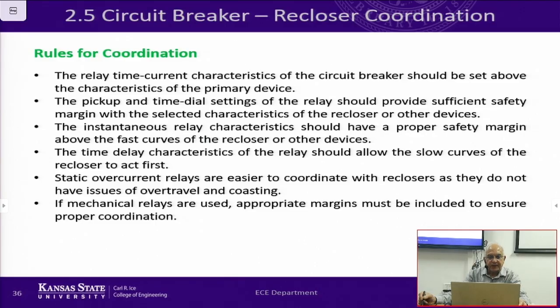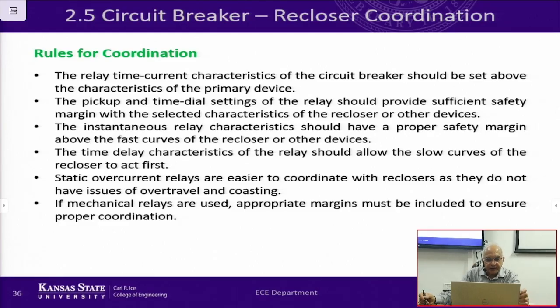The pickup and time dial setting of the relay should provide sufficient safety margin with the selected characteristics of the recloser or other devices. And the instantaneous relay characteristics should have a proper safety margin above the fast curves of the recloser or other devices. So the recloser has a fast curve, and if the circuit breaker has an instantaneous relay, the instantaneous relay should be above the fast curve, because the recloser is the one that should have the first option to operate. Because if your breaker is going to operate before the recloser, then you have miscoordination.